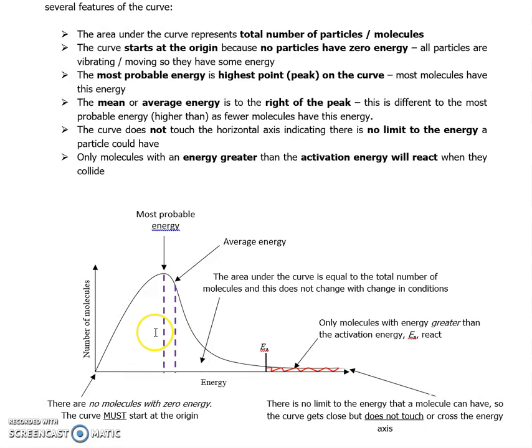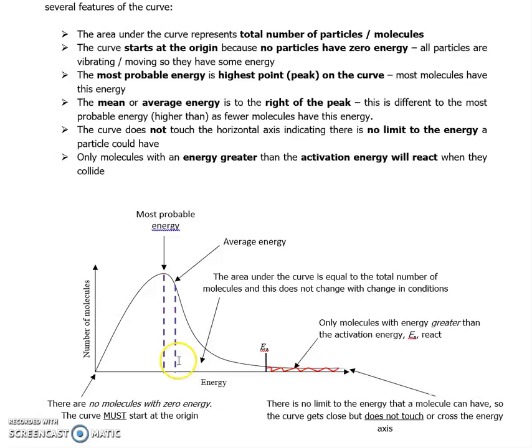The highest point on the graph is the most probable energy, and this means that the most molecules will have this energy. This line here, just to the right of the most probable energy, is the average or the mean energy.